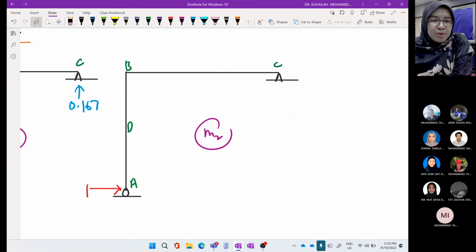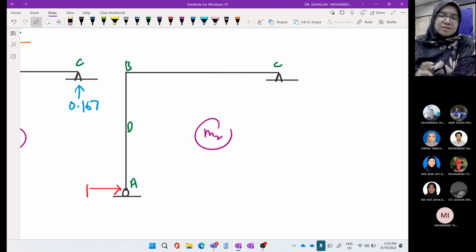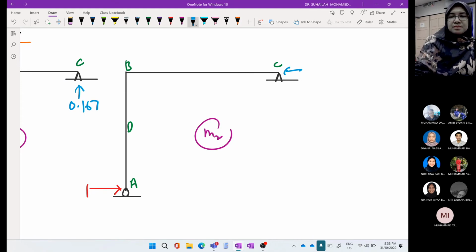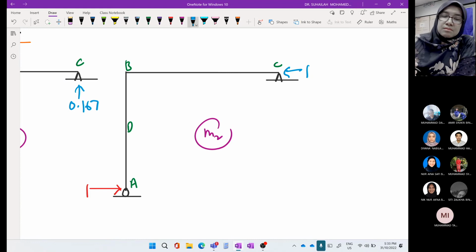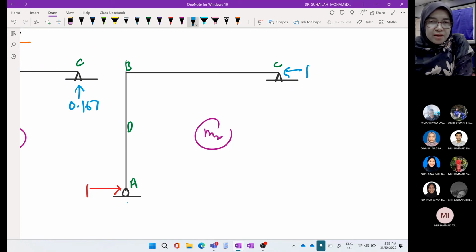Okay, what about redundant number 2? AX of course is 1 in opposite direction. Okay, what is AY and CY? AY 1. What do you get? 1.